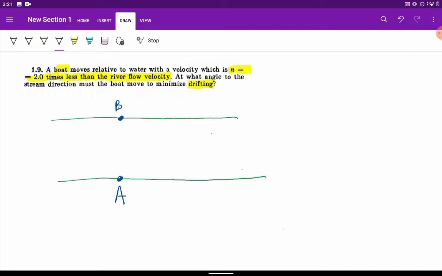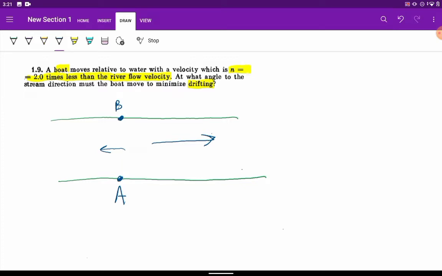it will not be possible for the boat to go directly from A to B, because even hypothetically, even if the boat were to try to go in the opposite direction, the river velocity will obviously be more, so it will be drifted in the rightward direction.